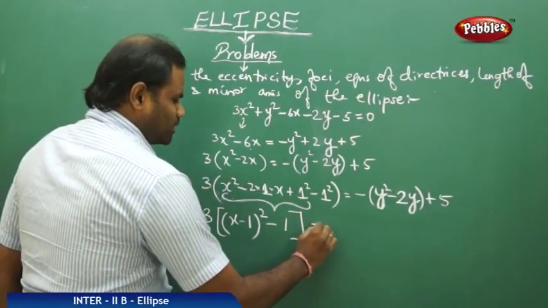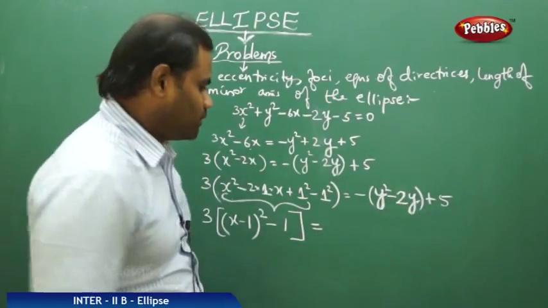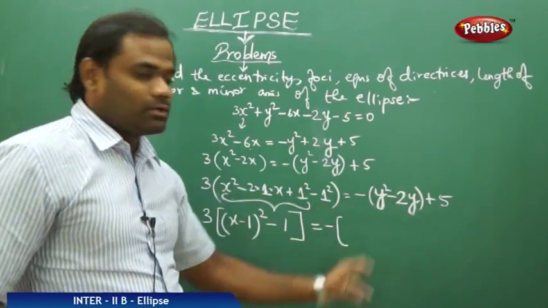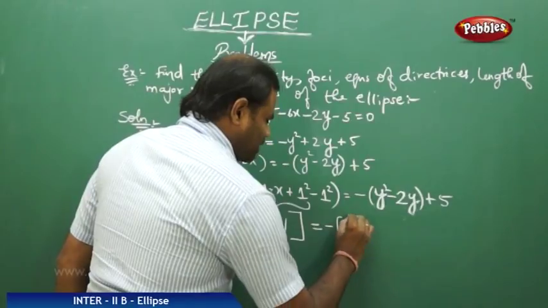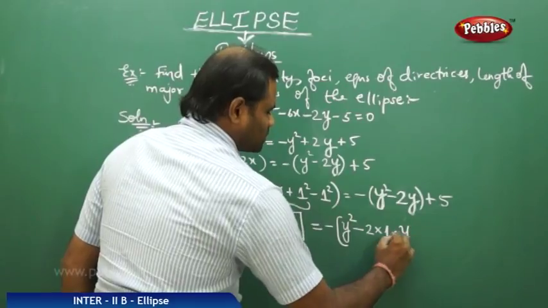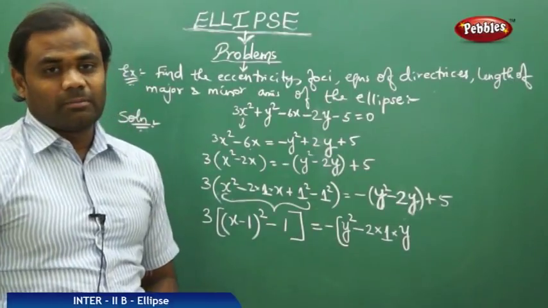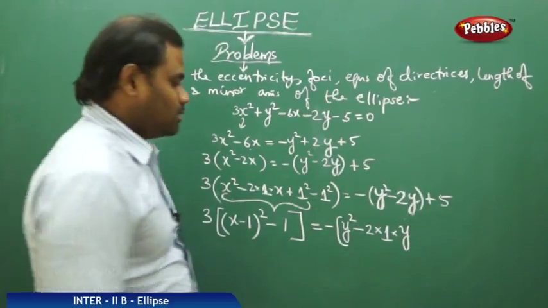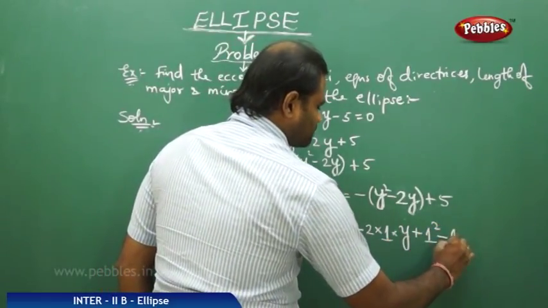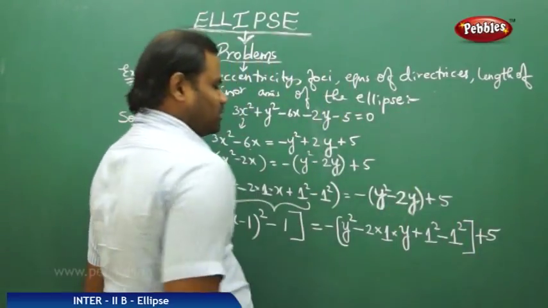With this formula, the similar type of expansion is done for the y terms: minus of y squared minus 7y, which on reducing to the formula comes as y squared minus 2 times of 1 times of y, which is a squared minus 2ab, and then plus b squared and minus b squared is what we add and subtract. Therefore here b is 1, so we have b squared, which is added and subtracted for this.